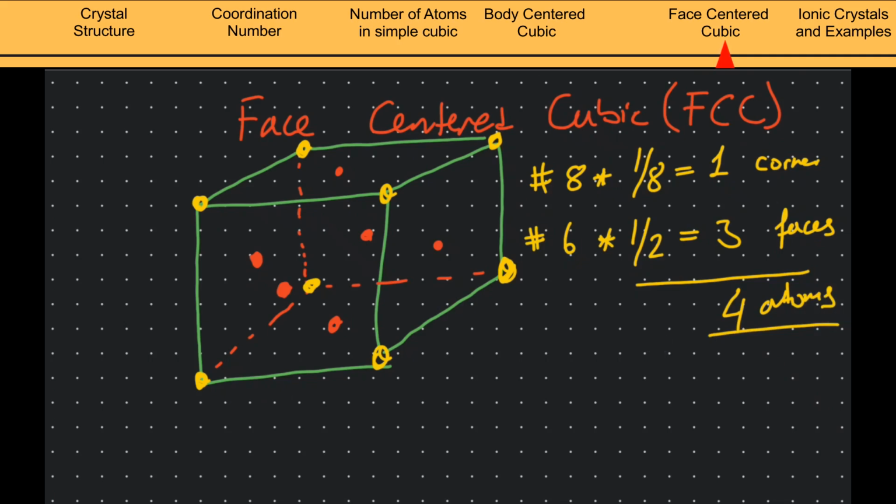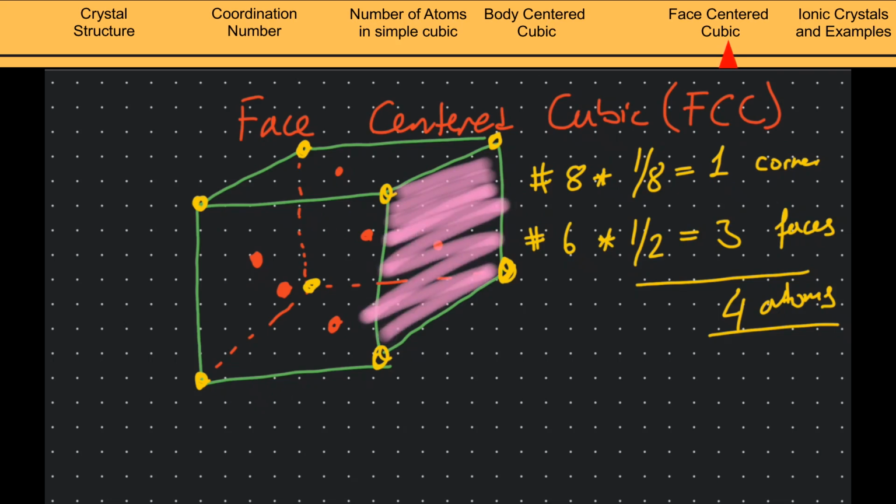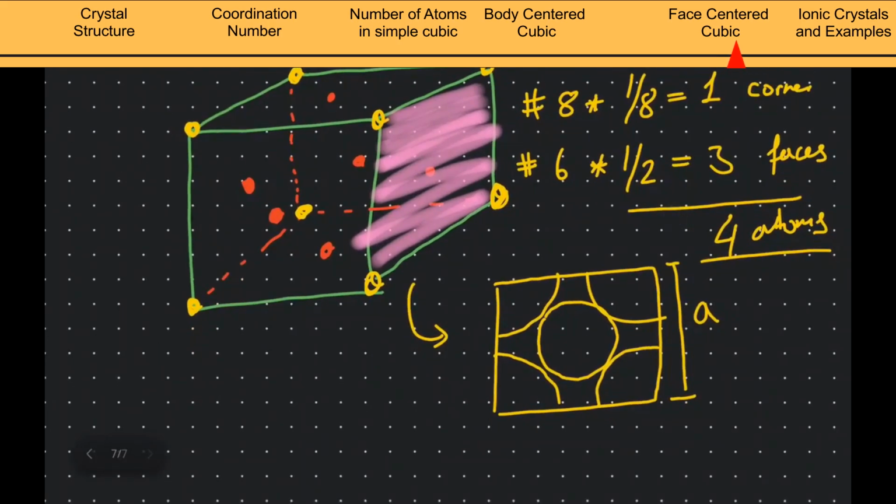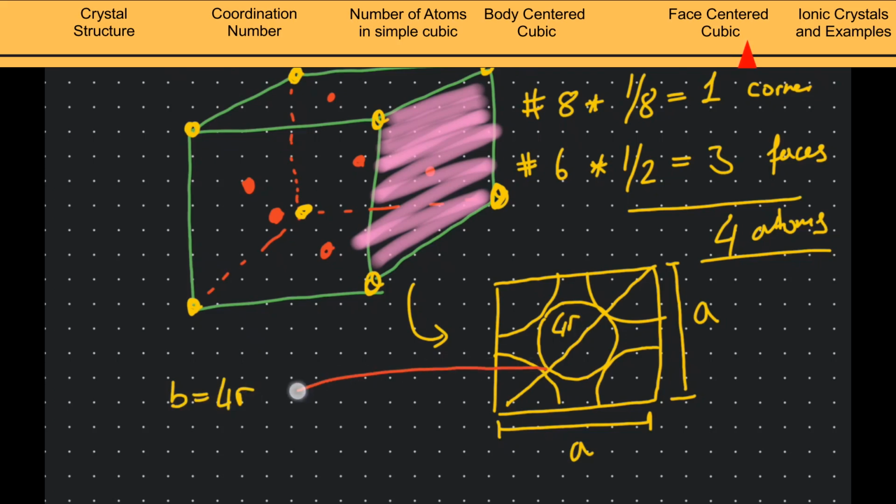So if you want to look at one of the sides, for instance here, we will see something like this. This is the A, and this is A again, and this part is 4R, or B. So B can be equal to 4R. Okay, I'm talking about this hypotenuse here.